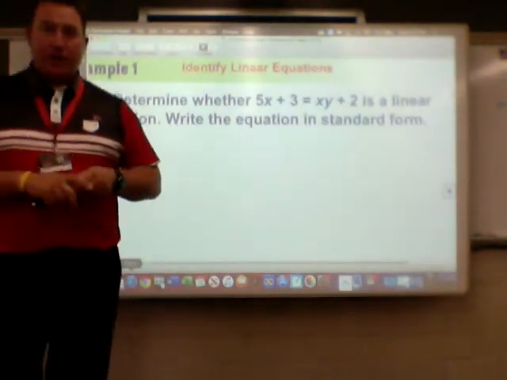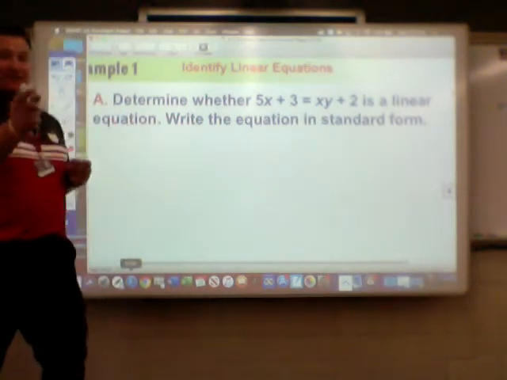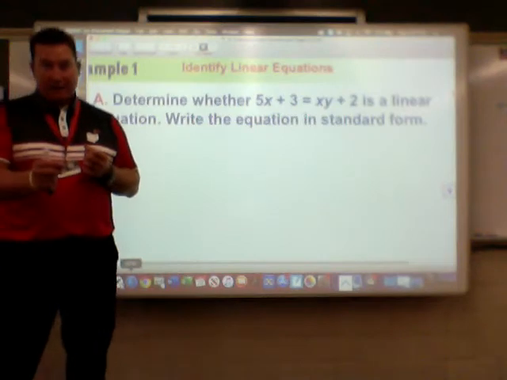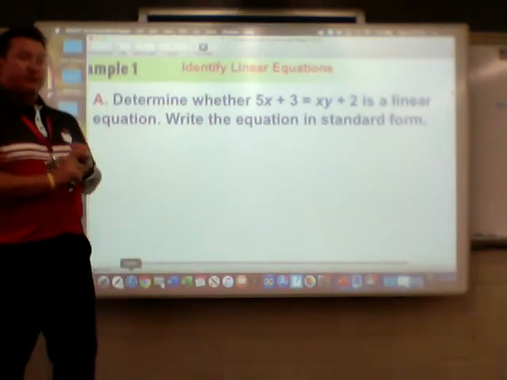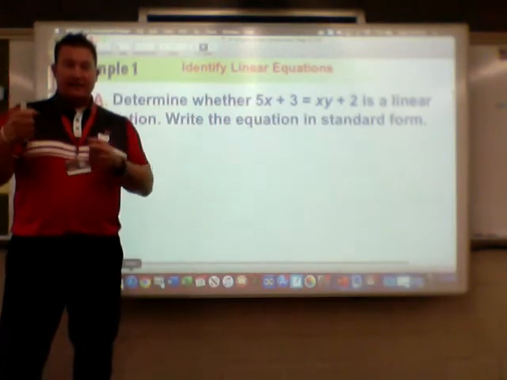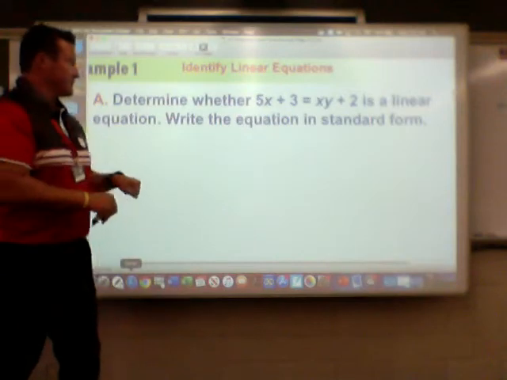So we've got to determine whether 5x plus 3 equals xy plus 2 is a linear equation. Well, how are we going to do that? For starters, let's put it into standard form. X and y are on the same side of the equation, numbers are on the other side.